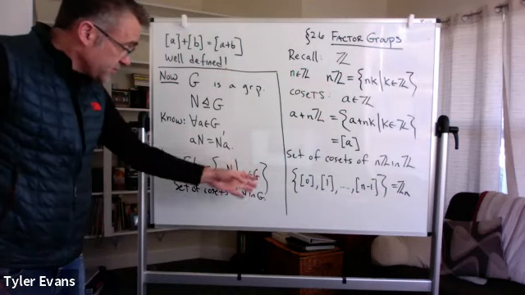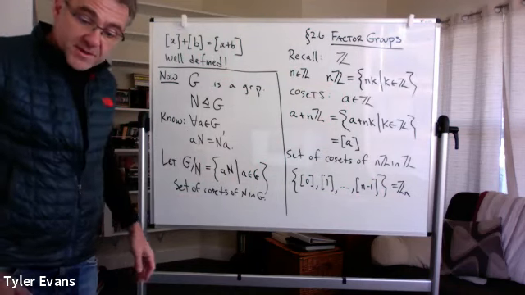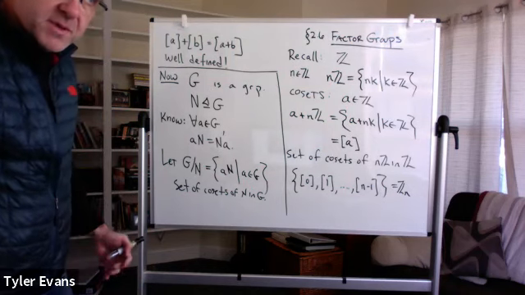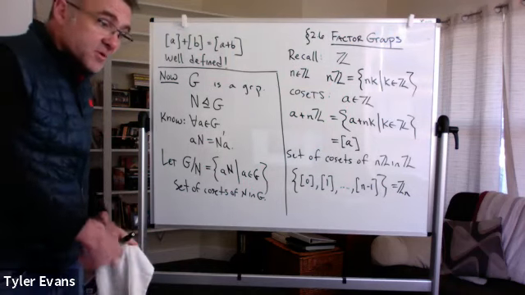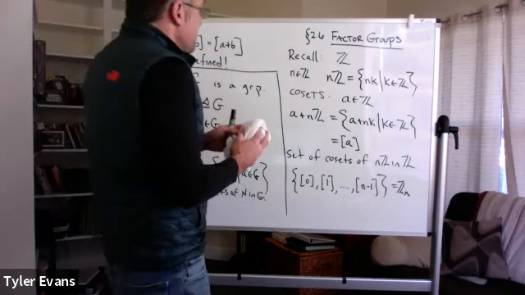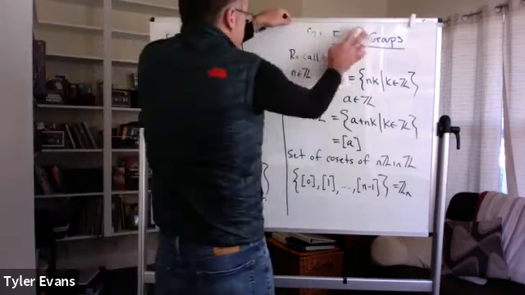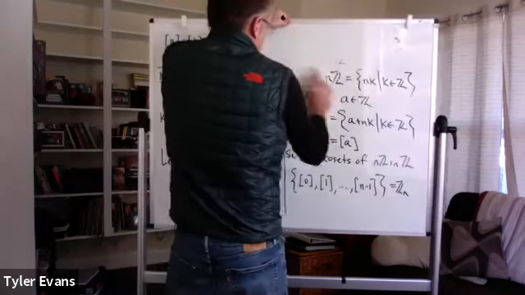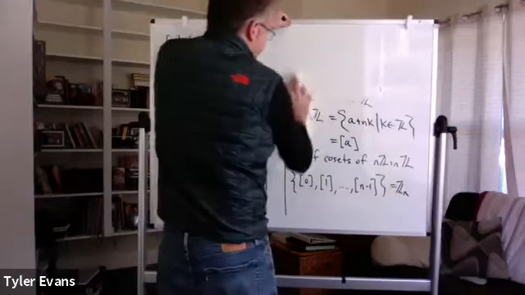I want to make this set of cosets into a group. I want to give it a binary operation that will enjoy all those axioms that groups have. Okay, so yeah, well, we need a binary operation.